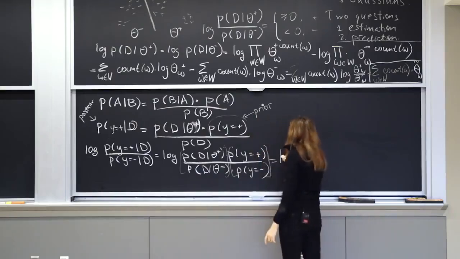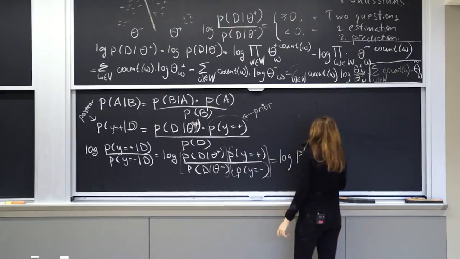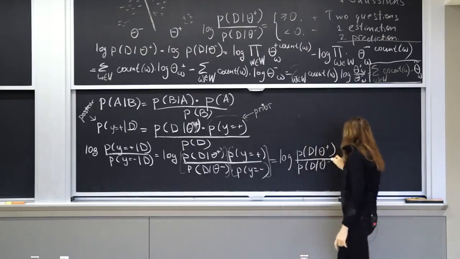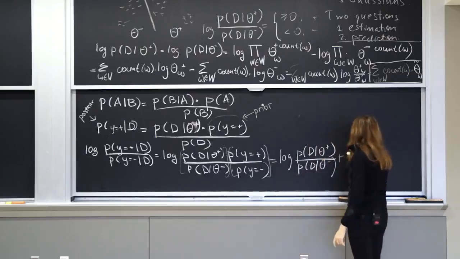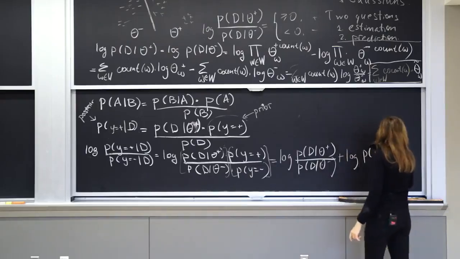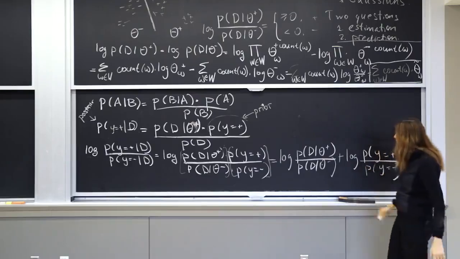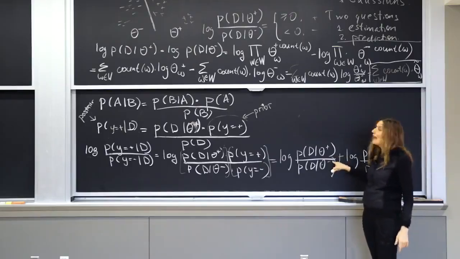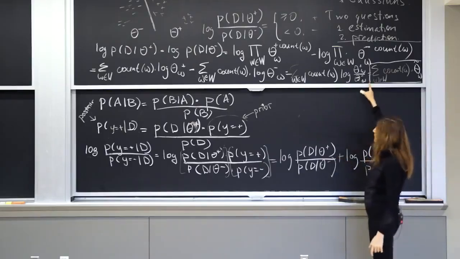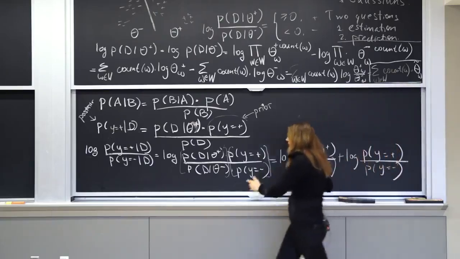So I'm going to write log P(d|theta plus) divided by P(d|theta minus) plus log of the priors. We already know the value of these expressions. That's exactly what we already computed here, so I'm just going to take it from here and rewrite it here.